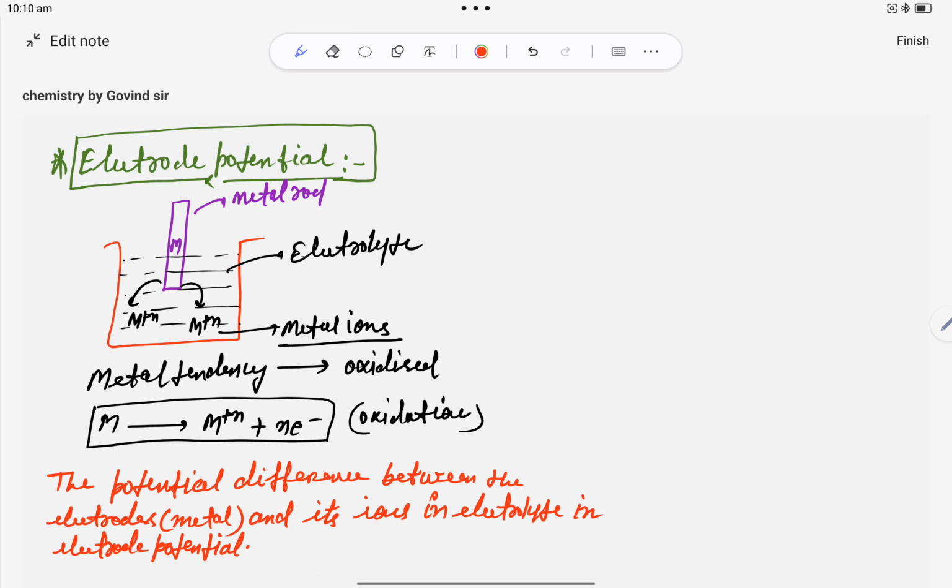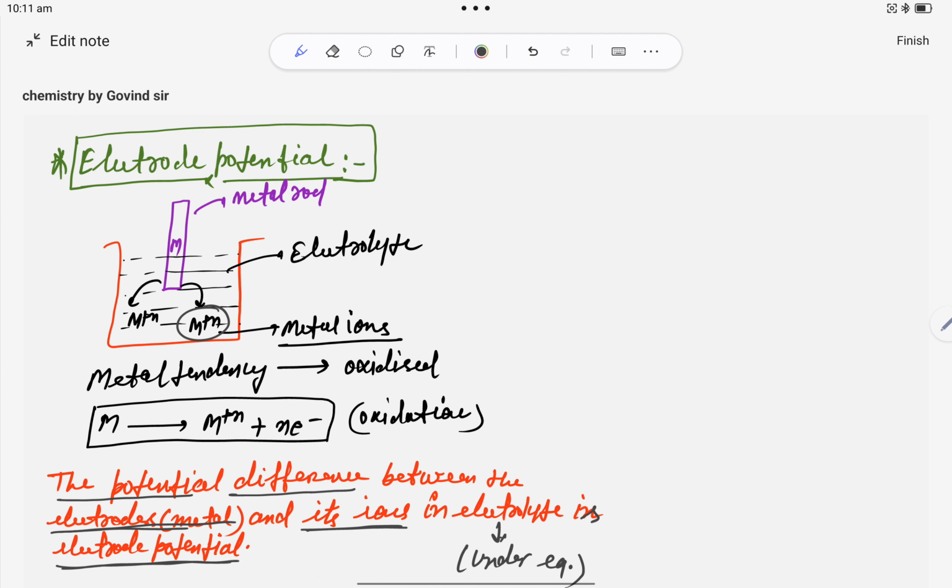What I said, listen very carefully. What is electrode potential? The potential difference between the electrode, meaning metal, and its ions in electrolyte under the equilibrium condition is the electrode potential.